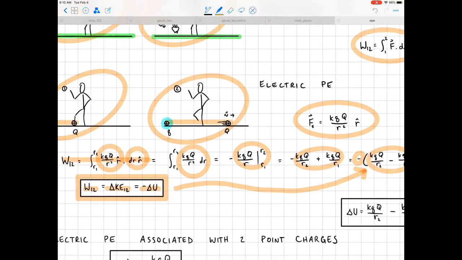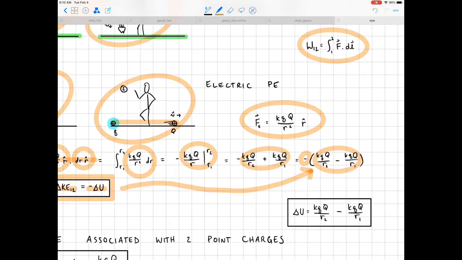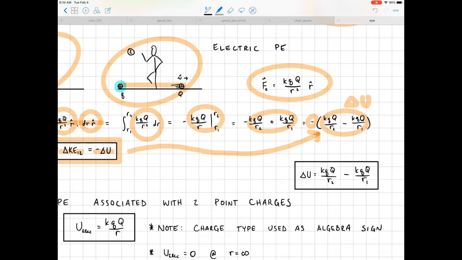And so what that means is that this term right here must be the change in the potential energy. So that allows us to define, right, so that's what I've got written here.